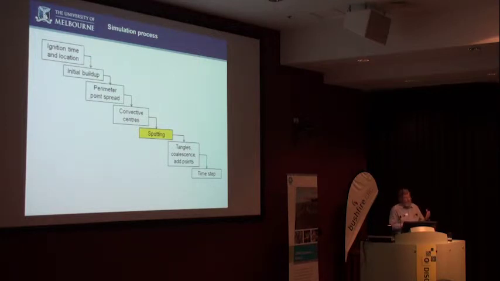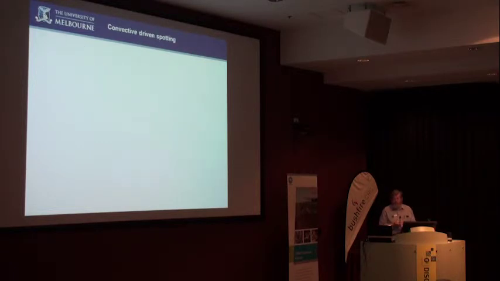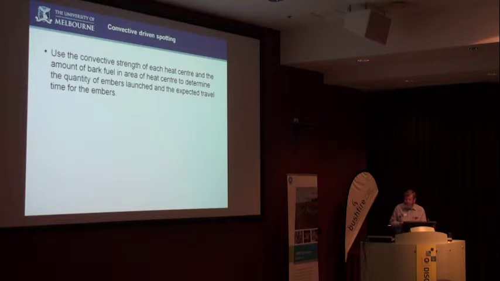So we've considered that there's both a flame front propagation, but an important aspect as well is the presence of spotting. With spotting, we use those convective centres to look at, within that footprint, what's the amount of bark material, assuming that the majority of the embers are coming from bark.